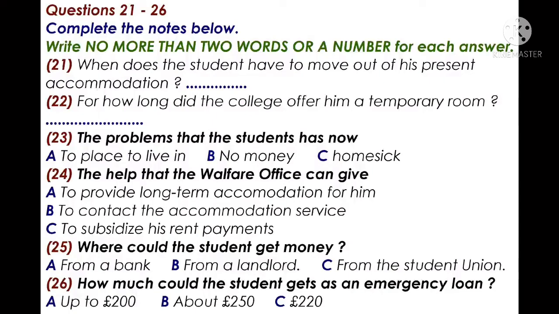Part 3. You will hear a conversation between Caesar and a welfare officer. As you listen, answer questions 11 to 20. First, you have some time to look at questions 21 to 26.